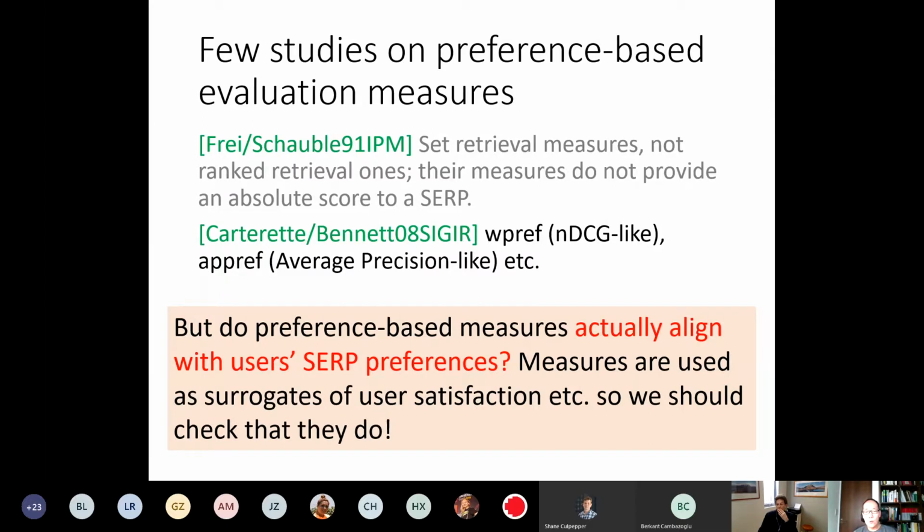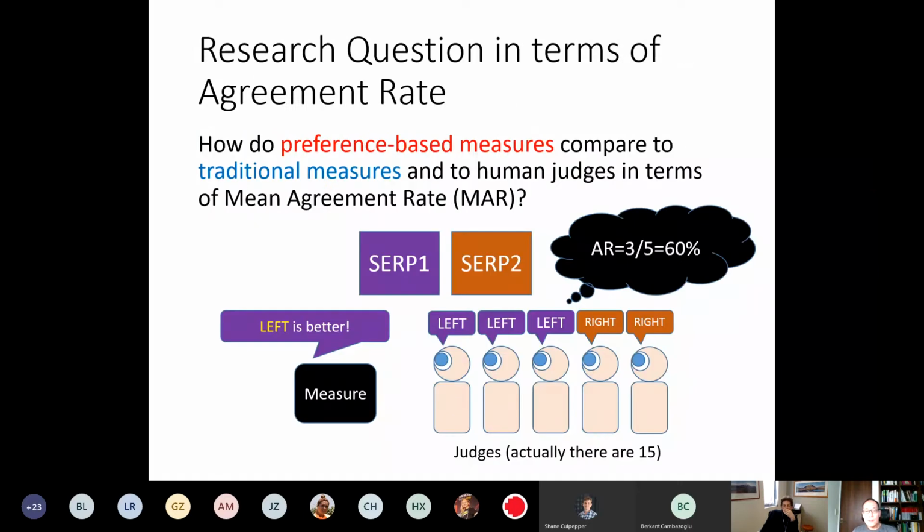And also these old measures do not provide an absolute score to a SERP. They focus on comparing two SERPs. So I'm not talking about this in this work. So my central question was, do these preference-based measures actually agree with users' SERP preferences?